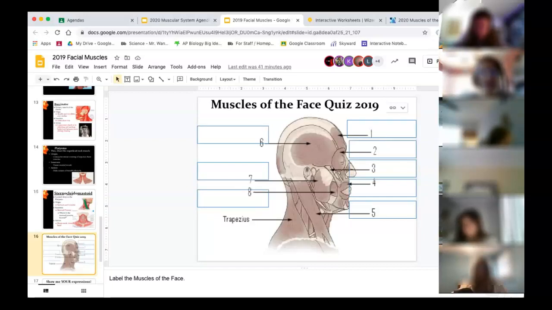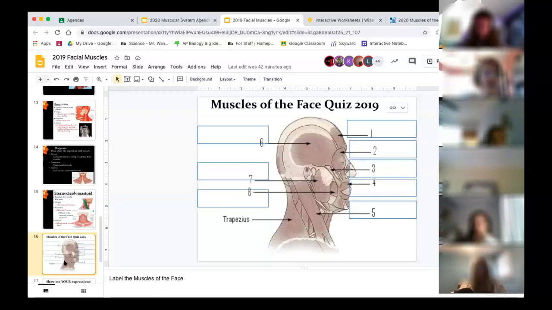And number 8, how about Zach? Wait, number 8, is that the master? No, masseter goes up and down. So number 7 is masseter. Oh. Number 8, you wear around your jeans maybe to hold your pants up. Oh, is it the buccinator? Yeah, good, perfect. Good.